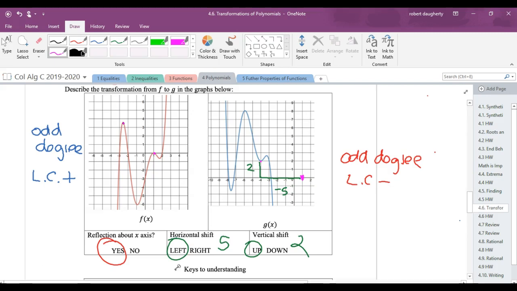So I pick a point that I know falls on the grid. Okay. So this point is right here. I can match it up to where it translated. Now, likewise, you could pick this point, but that one's a little bit harder to identify because it doesn't have something identifiable as like the top of a peak or the low of a valley, okay? So pick something that's identifiable to do that.